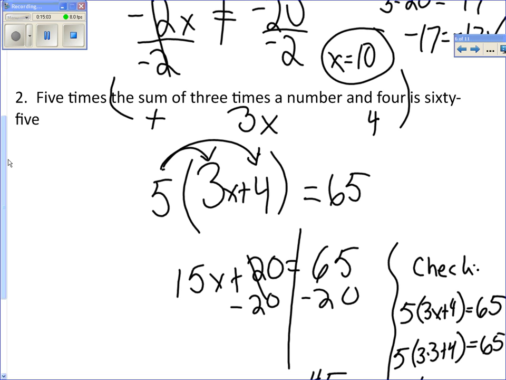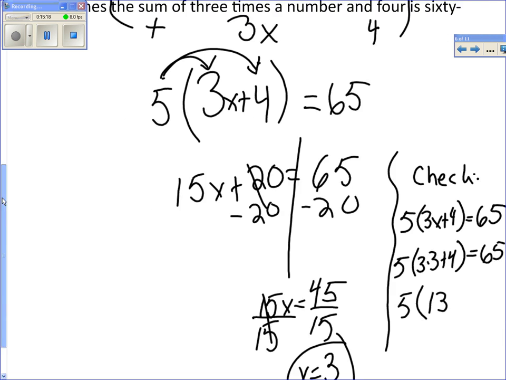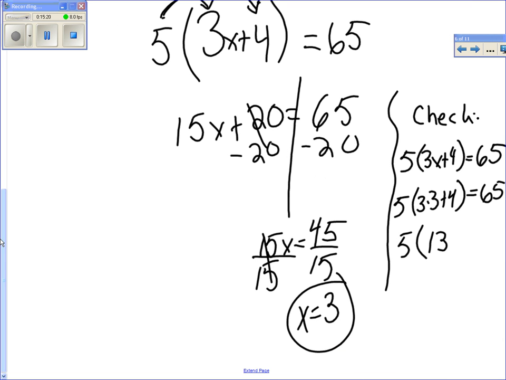Okay, so the sum of 3 times a number and 4, so 3x plus 4, good. 5 times that, okay. So I have 15x plus 20 is equal to 65. Then I subtract 20 from both sides. So I get 15x is equal to 45. And then 45 divided by 15 is 3.